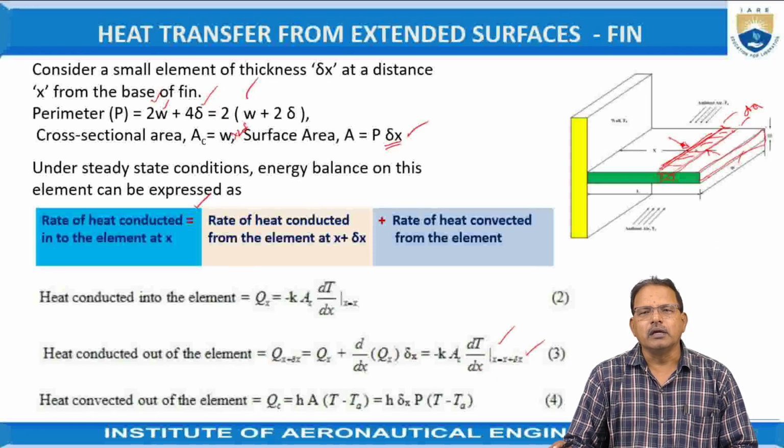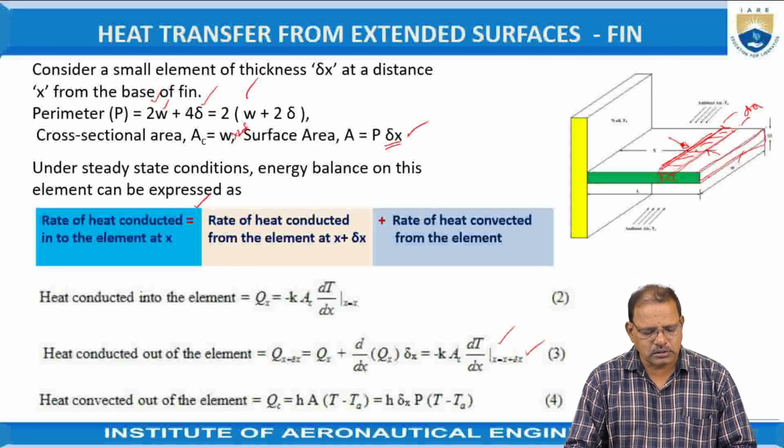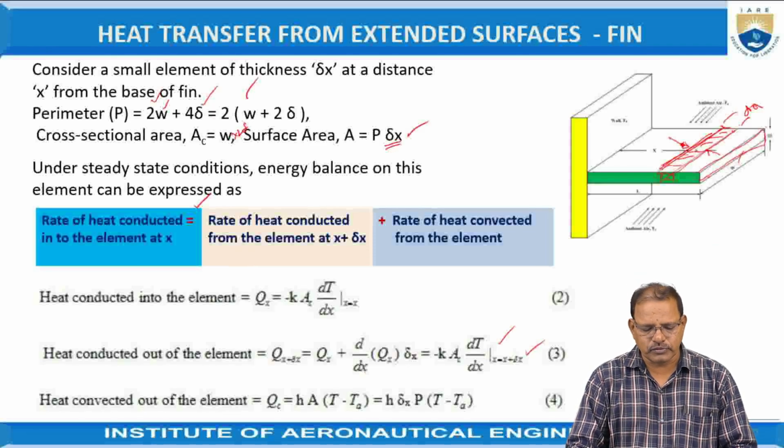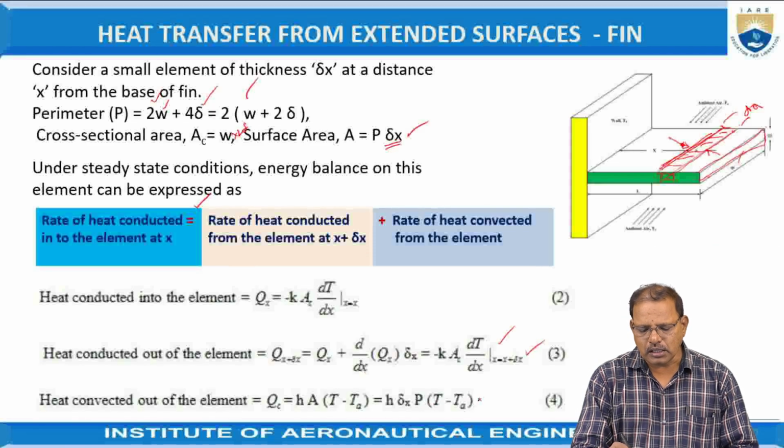The heat convected out of the element is Qc equal to h into A into T minus T A, which is equal to h into delta x into P into T minus T A.